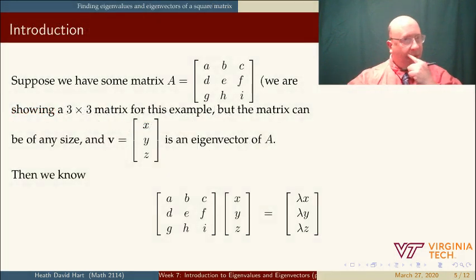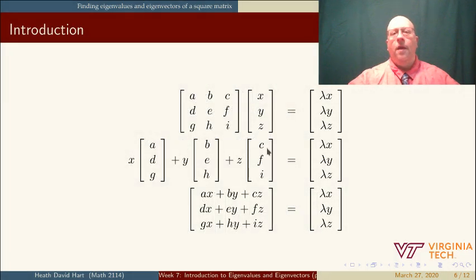So if I had some matrix A in general, and I have some eigenvector of A, then the matrix times the vector is an exact multiple of the vector. And when we multiply this out, we have this system of equations, and lambda x will combine with ax, and lambda y will combine with ey, and lambda z will combine with iz.